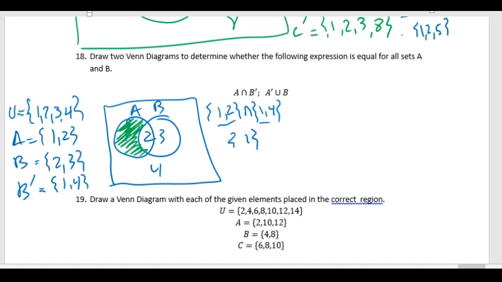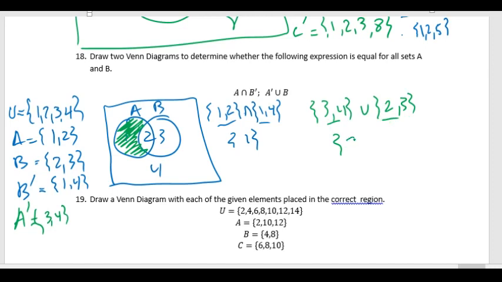Okay, so now we do the next one, A complement. A complement is going to be 3 and 4, union with B. B is 2 and 3. So union means to put together.